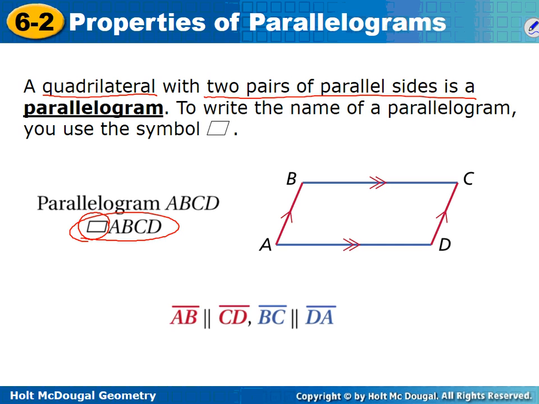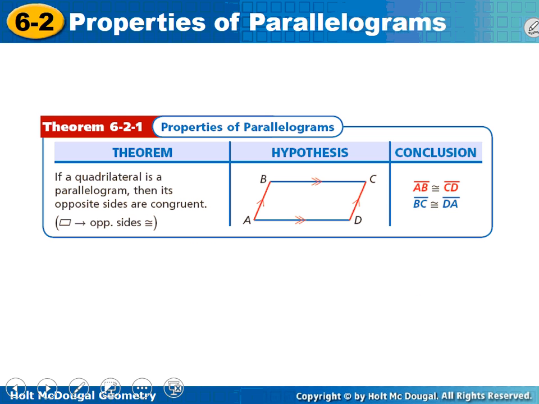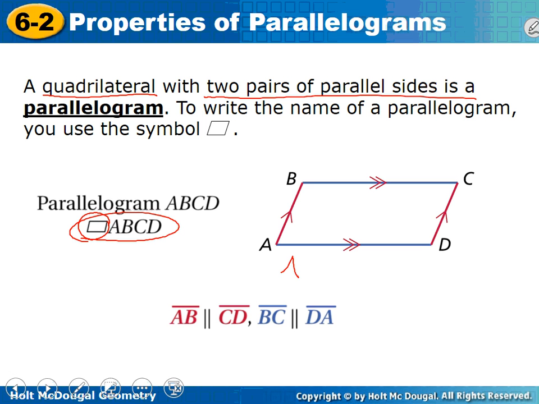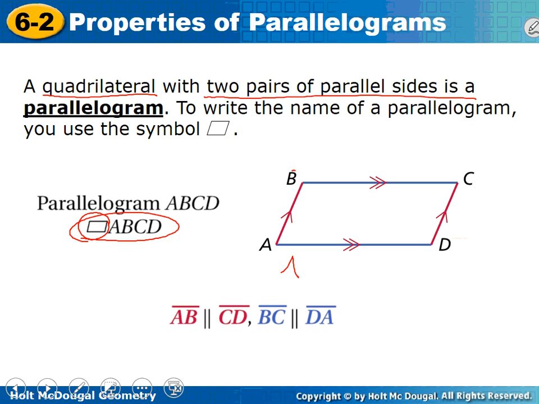Don't ever name it A, B, D, C. Because that doesn't make a parallelogram, right? That makes a Z or an N. Could be B, C, D, A. Just pick a place to start and always go consecutively around your shape, okay? You can go counterclockwise and it is still correct. So you could say B, A, D, C, but just don't jump around, okay?